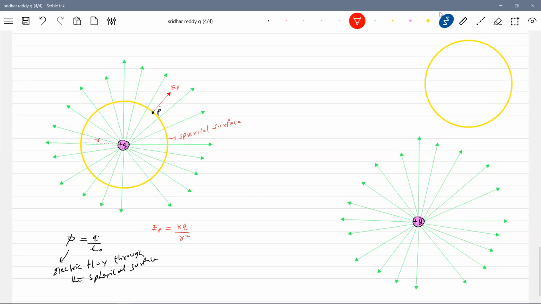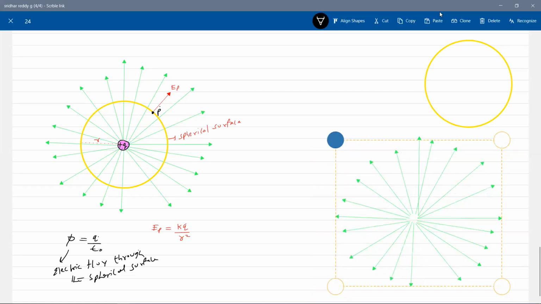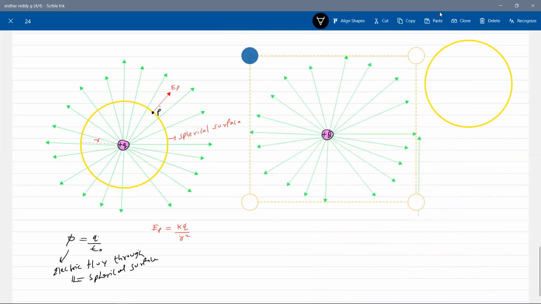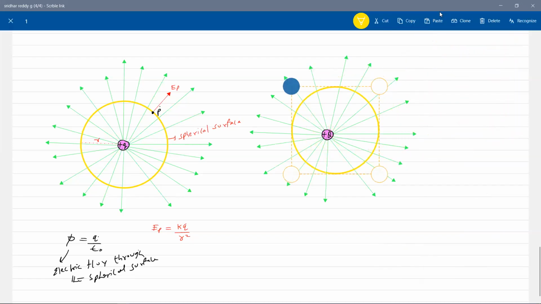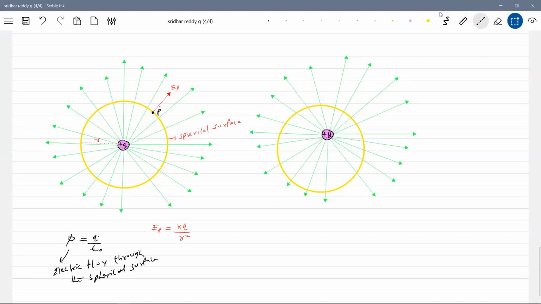Just take notice. Okay, let's come to this one. Now I have another situation. What I did is the charge is not at center.